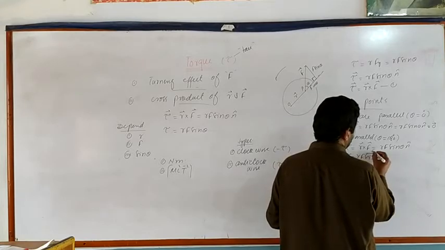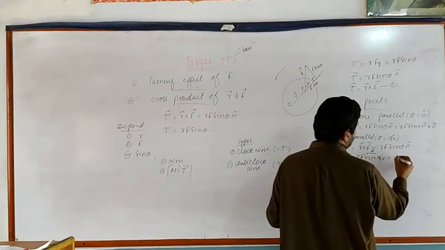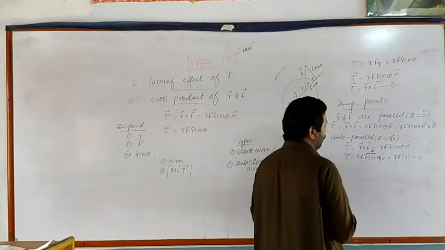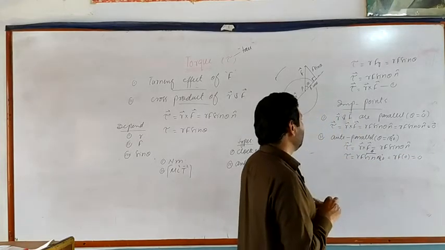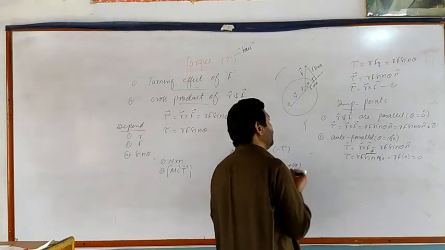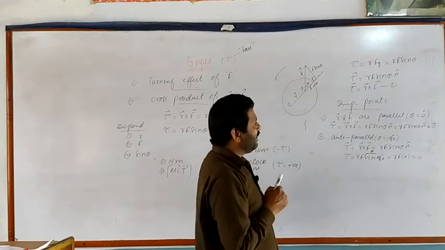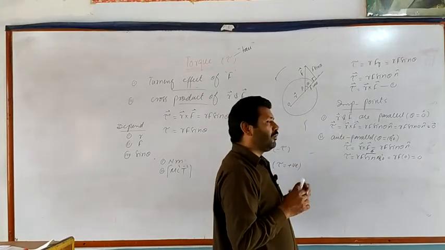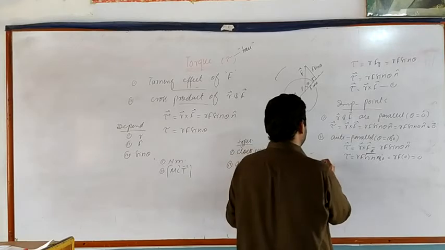As sin 180 has value 0, the resultant will be r f 0, equal to 0. Torque will be 0. These two important points mean that when the line of action of force passes through the pivot, torque will be equal to 0.